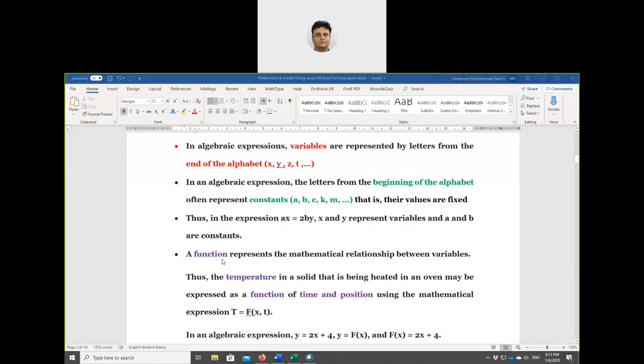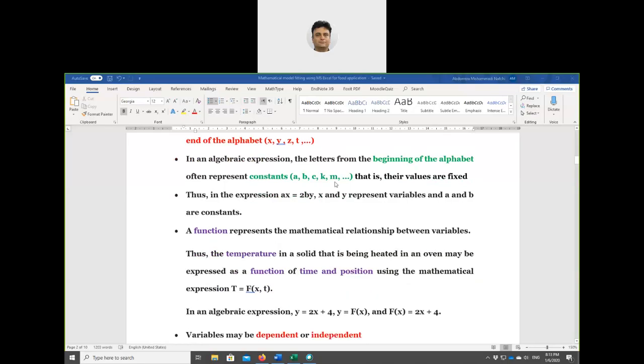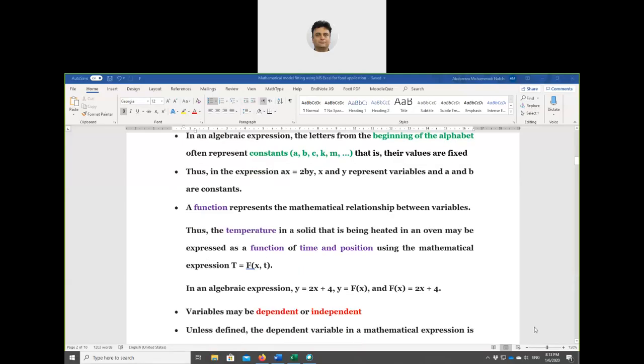What's the definition of a function? A function represents the mathematical relationship between variables, here between two variables. Thus, the temperature in a solid that is being heated in an oven may be expressed as a function of time and position.